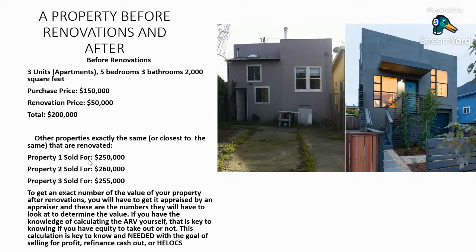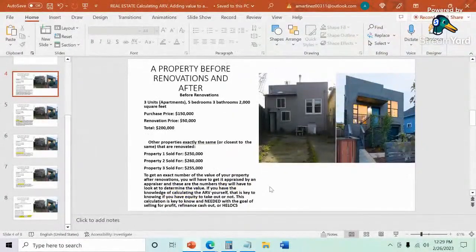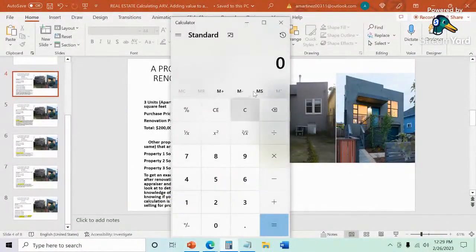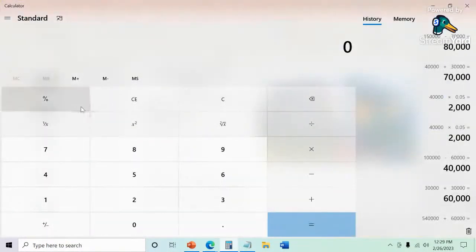So that's what they'll do. Let's get into the calculator. So let's say again the property is worth what I said, $250,000. So they'll go, okay, how much do you owe on it?